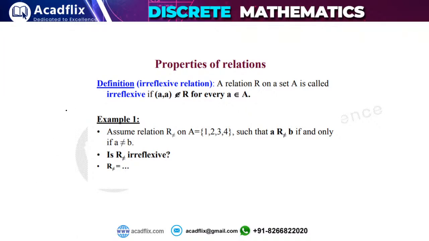So far we have seen many special types of relations: reflexive relation, symmetric relation, anti-symmetric relation, transitive relation. There is one last relation we can see, that is irreflexive relation. Irreflexive is basically completely opposite of reflexive.